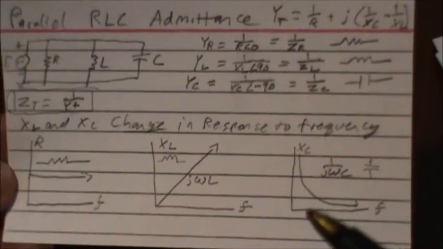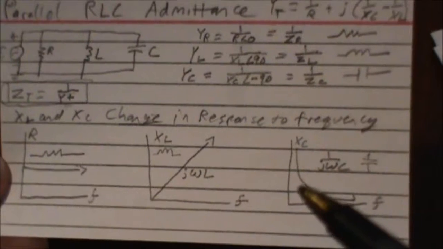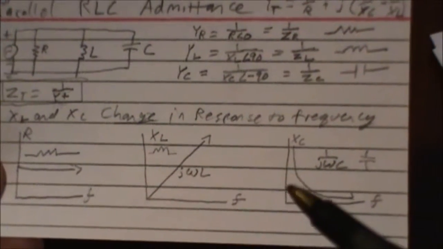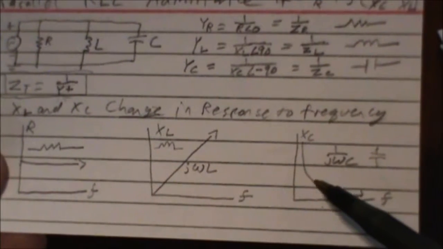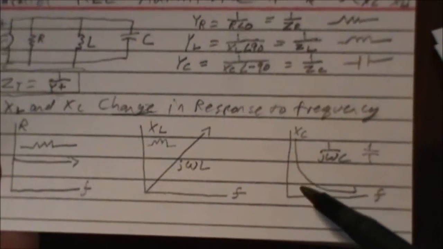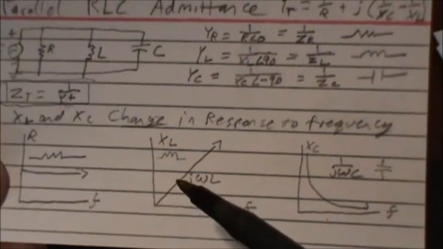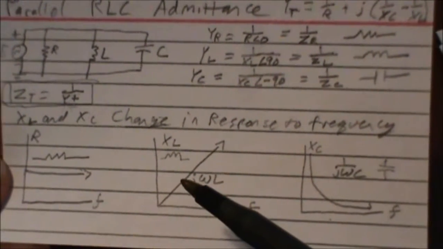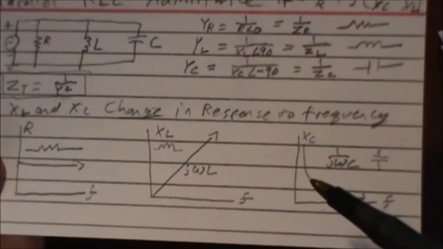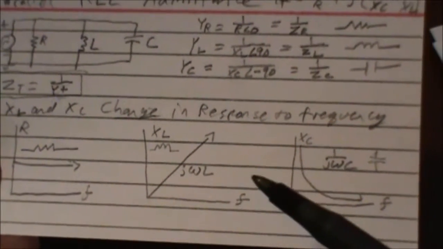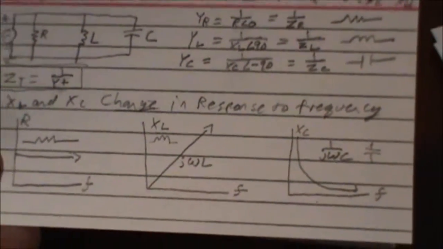And of course, at resonance, we want to find where, say, the capacitor's reactance is here at this frequency and the inductor's reactance is about here at the same frequency. If this value on the line equals this value on the same line, then guess what? XL equals XC. If you overlap those graphs, that's what a graph of resonance would look like.